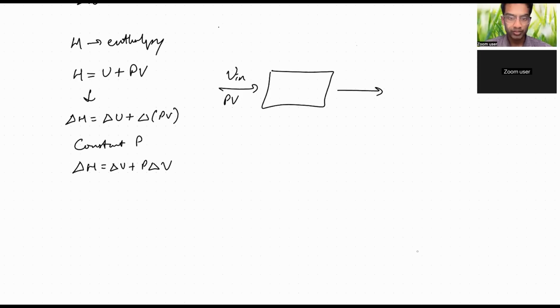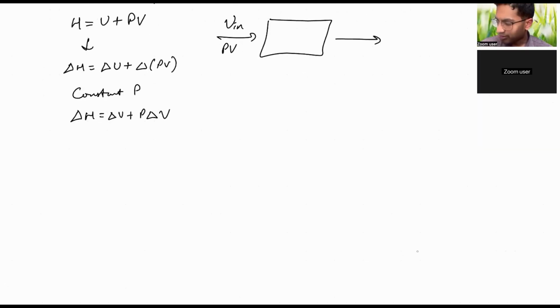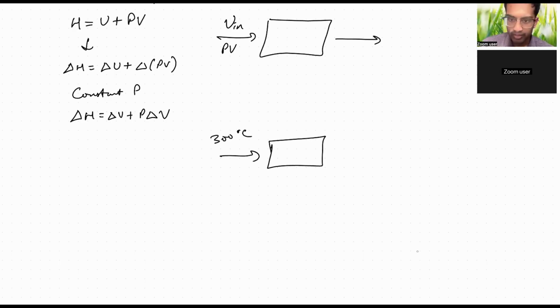And so what's nice is that you can actually look up these values, right? So for example, let me make this example a little bit more concrete for you here. Suppose we have steam coming in at 300 degrees Celsius, 1 megapascal, and it's entering a heat exchanger. And then once it comes out, it is a saturated liquid. And of course, it's still at the same pressure. We're going to use a constant pressure example.